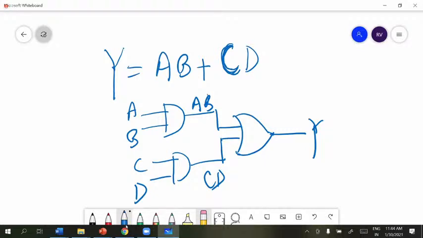Whenever an AND gate is there, put a bubble here. And whenever you put a bubble here, you have to add one NOT gate so that it will be compensated. Just remember, when an AND gate is there, add a bubble here and add this NOT gate. Here also a NOT gate.